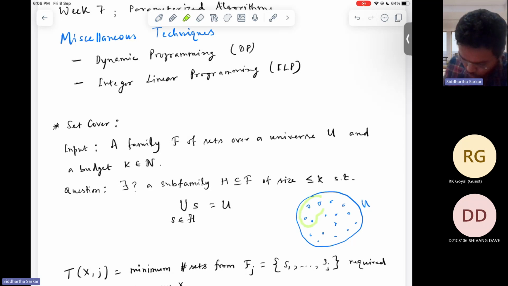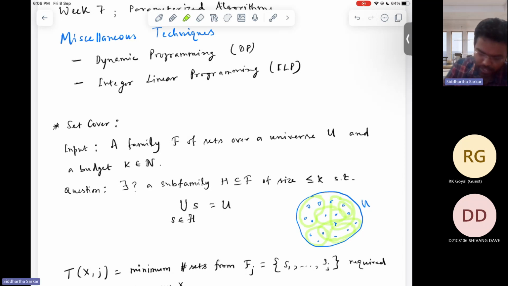Let us say these four elements together are one subset in the family. These are contained in another subset. Maybe these two are in another subset. So subsets are defined out of the elements of the universe. And what is your objective?